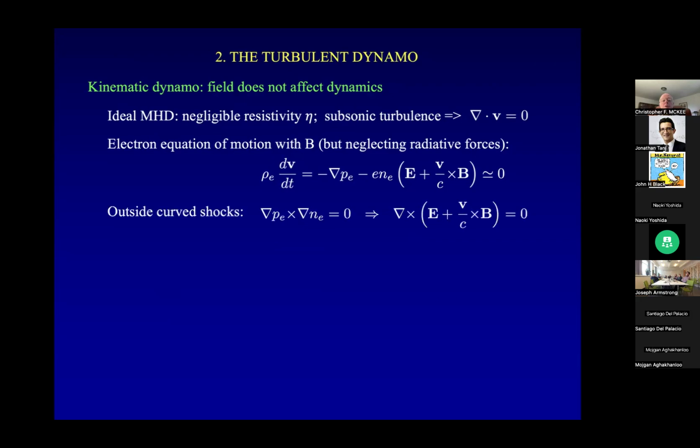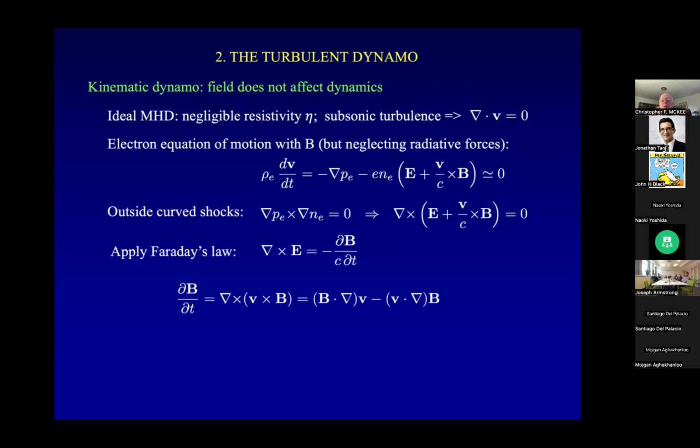And outside curved shocks, when we take the curl of this, the gradient of the pressure is going to vanish. And we just get the curl of E plus V over C cross B is 0.